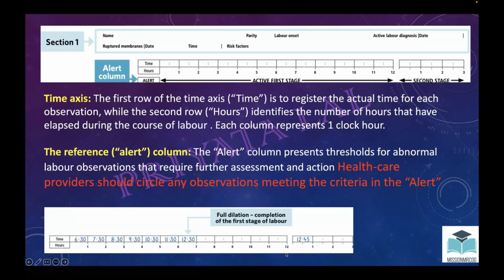This is for primary. For multi, I would tell this later, but I think it was 6 or 8. Because of that they have put 12 hours. First stage of labor in the primary should be completed within 12 hours, because of that they are not putting more than 12. Okay, so this way section 1 will be filled.